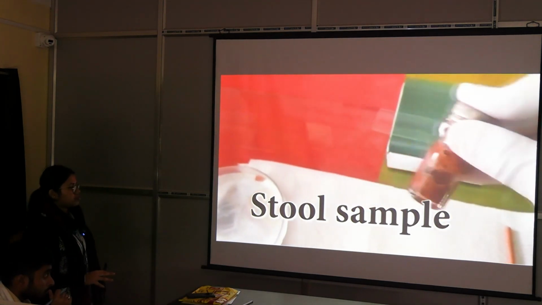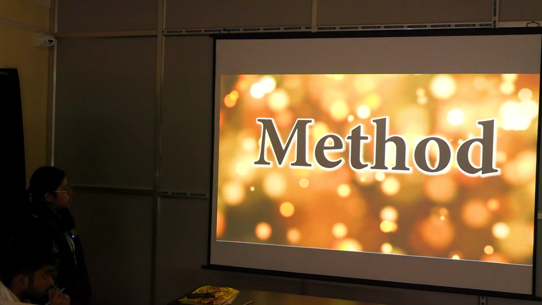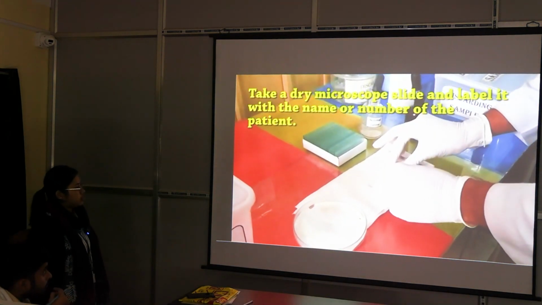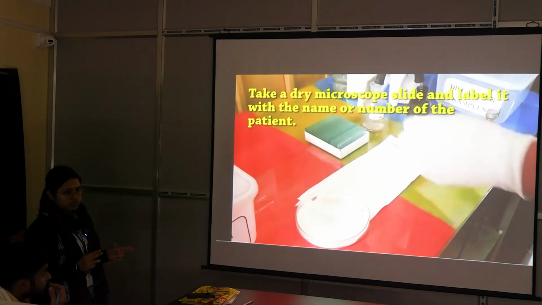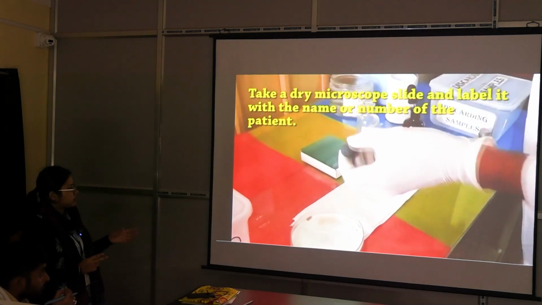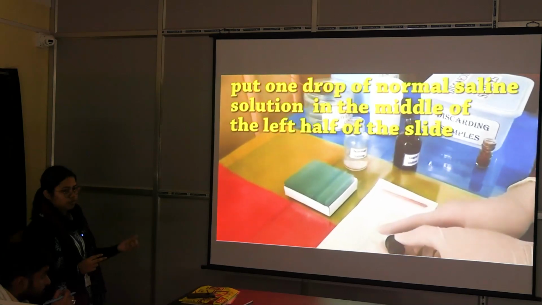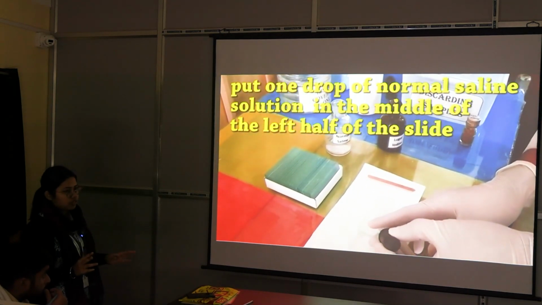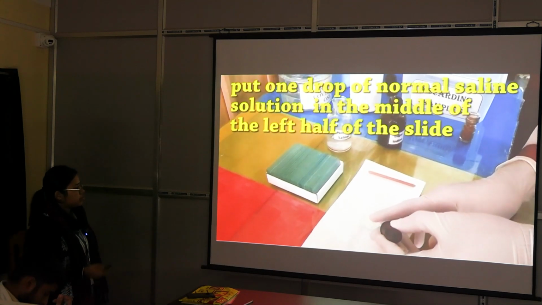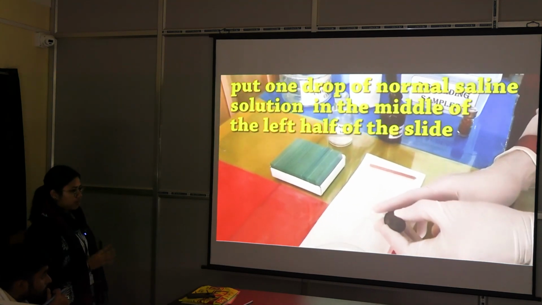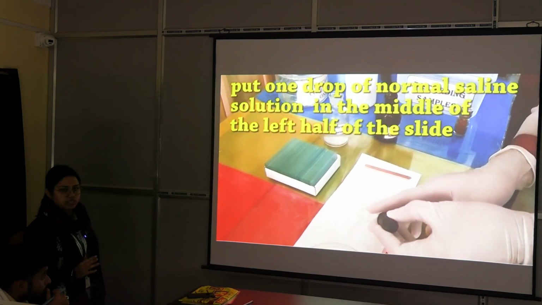So these are the things we will be using for the procedure. Now the method. At first, we will be taking a glass slide. On one side of the slide, we will be putting 1 to 2 drops of normal saline, and on the other side, 1 to 2 drops of Lugol's iodine. Then we will be mixing it with the stool. Then we'll be putting the cover slip and then we will examine it under the microscope.